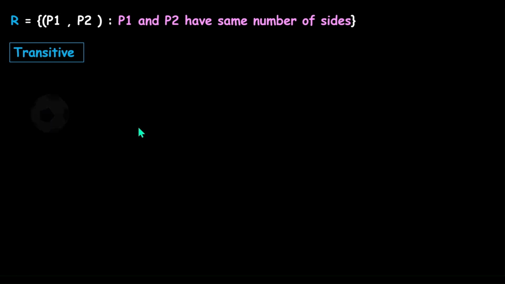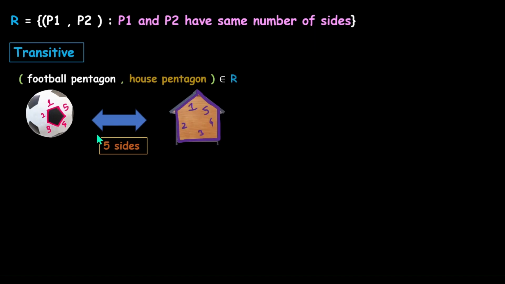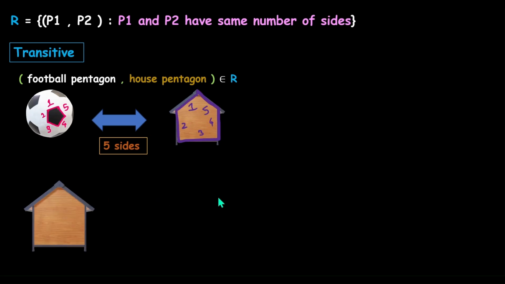So for transitive, let's take the example of a football having our 5 sides. Let's take the example of our back of the house, which it is related to, which also has 5 sides. So when this happens, we can write that football pentagon, comma, house pentagon, which are two polygons, are related. They are there in the relation. Now let's take another example, taking this back of the house, and let's take the example of a shovel, right?